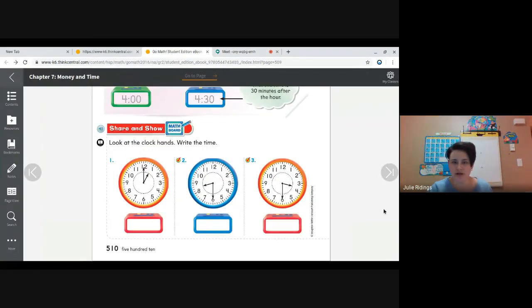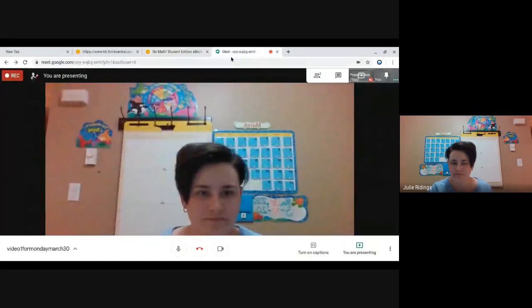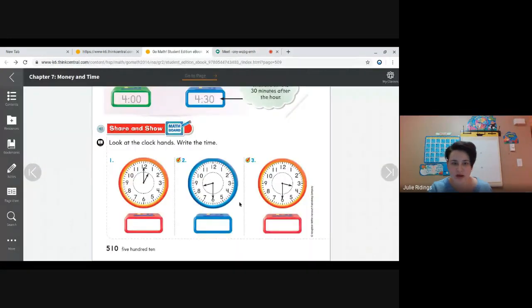Now, number 2. Number 2 shows the hour hand between the 8 and the 9, but your minute hand for number 2 is on the 6.